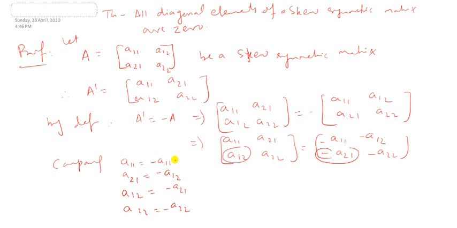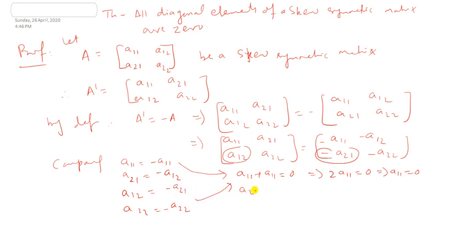I need the diagonal elements only, so let me take this result. If I take this one to that side, then A11 plus A11 will be equal to 0, which gives the result twice of A11 equals 0, hence A11 must be equal to 0.